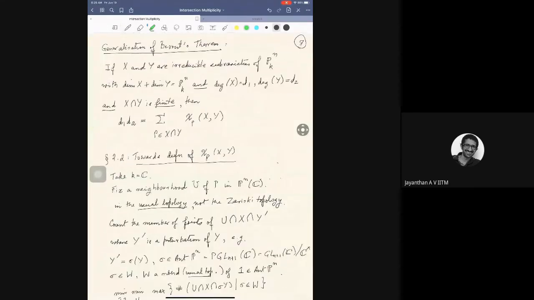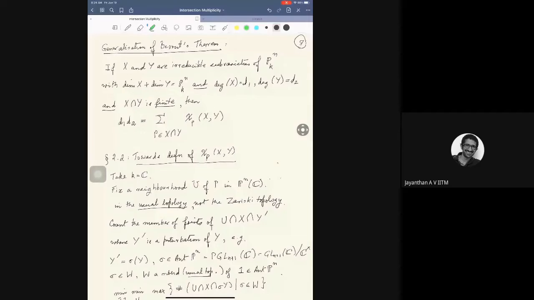So there we go. If you take irreducible subvarieties of Pn of dimensions a and n minus a, which then have a good chance of meeting in a finite set of points. So here are the assumptions.